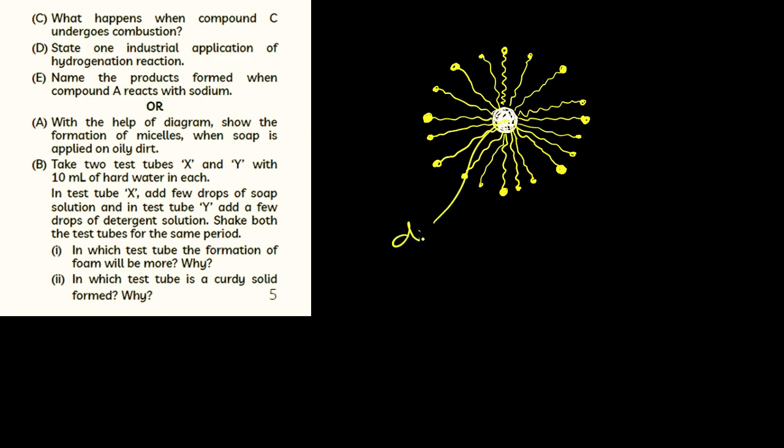So it's given in your textbook like this. It will look something like this. So this is dirt. These are polar heads. The polarity is due to either sodium or potassium positive in the soap molecule.